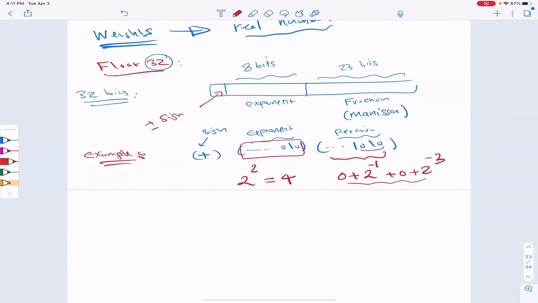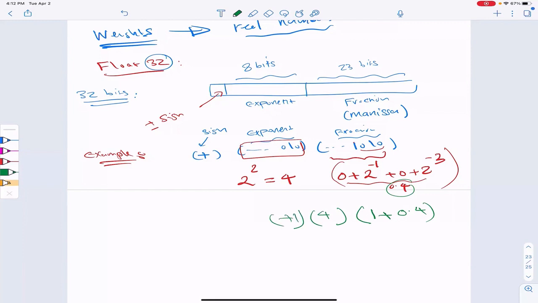Right? So you get the number here. I don't know what the number is, let's call it 0.4, just as a guess. So you are going to add 1 to this number. So this is going to be 1 plus whatever number that you get here. I'm assuming it's 0.4. You're going to multiply with this 4. You are going to multiply with the sign that you have. Let's say 1.4 times 4. And that's basically the number that you get. That's the real number that you're representing with these bits.